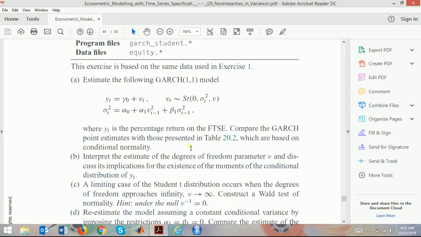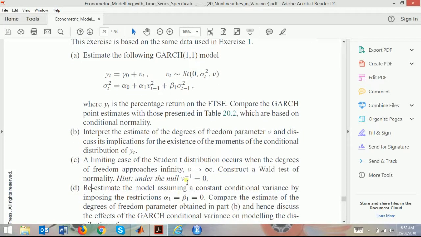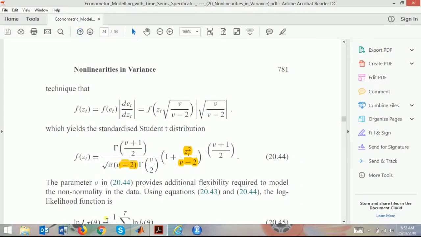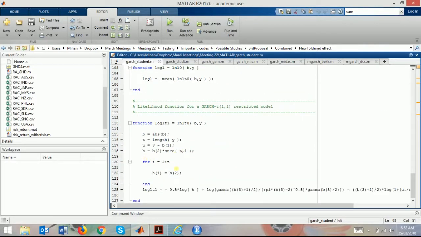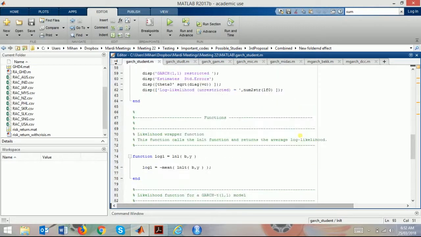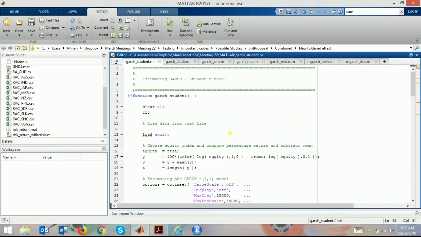When alpha and beta are 0, we are only left with alpha naught, because we are comparing with this scenario. So we're just estimating beta 2, but we repeat everything again for the sake of simplicity.